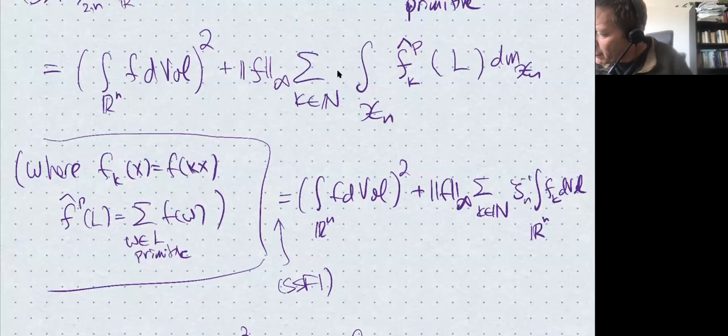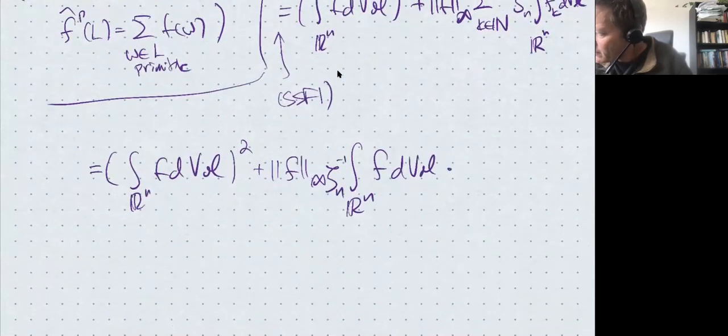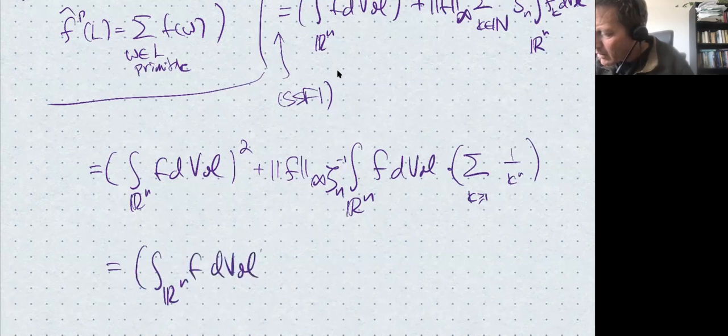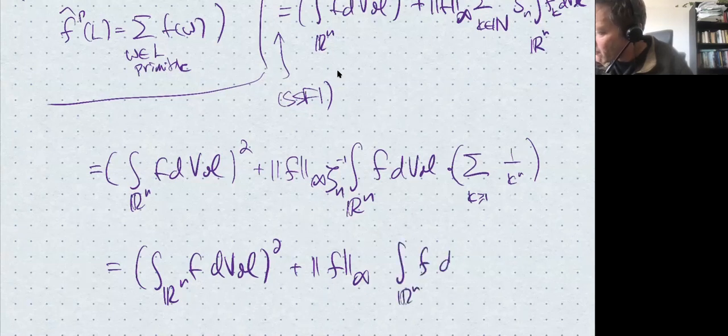Right. And so putting everything together, these are two zeta n's, they cancel, and we get this.